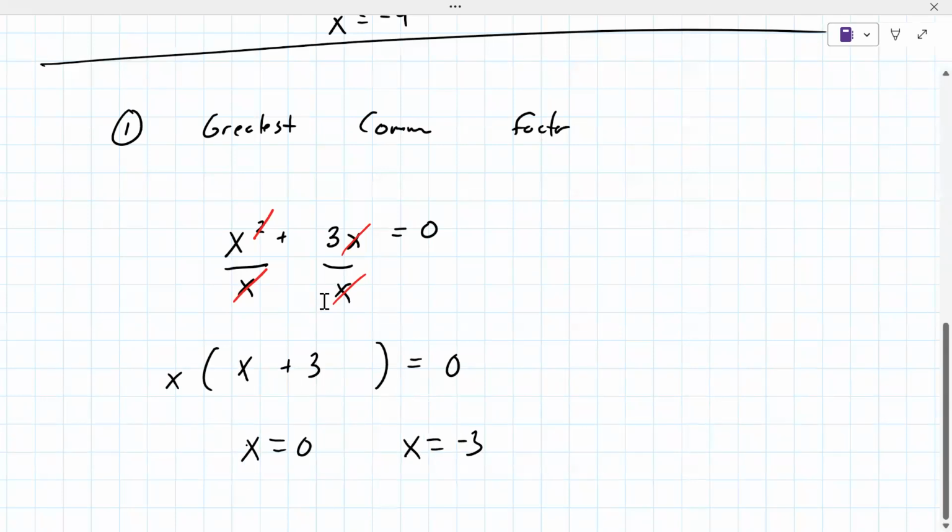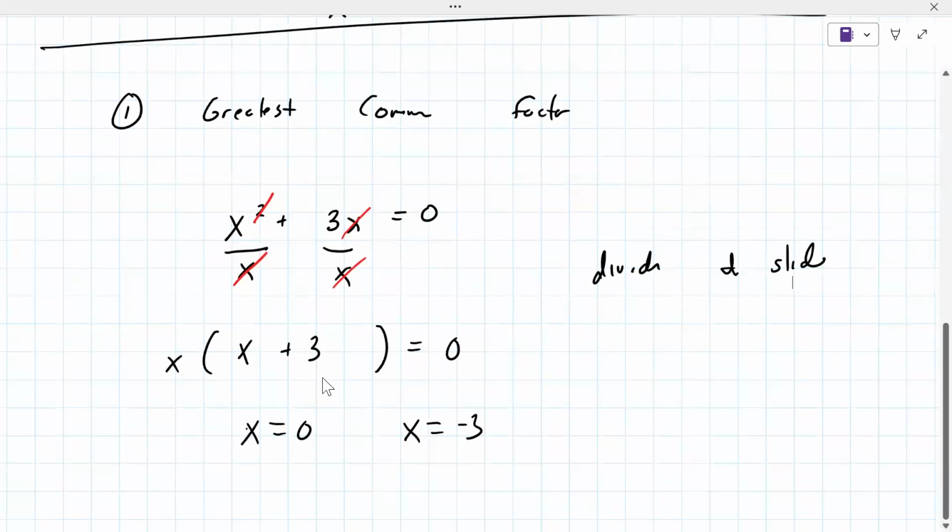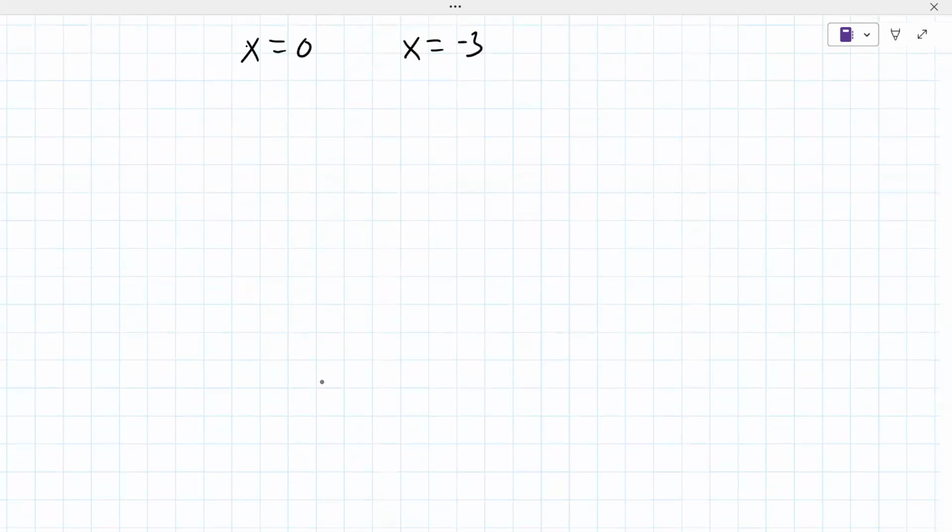Very good. So this divide and slide is what we're going to do a bunch of today. All right, so let's look at another example here. Let's say it's x squared minus 5x equals 0.